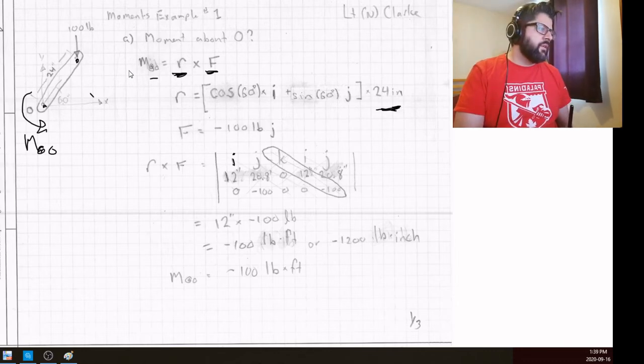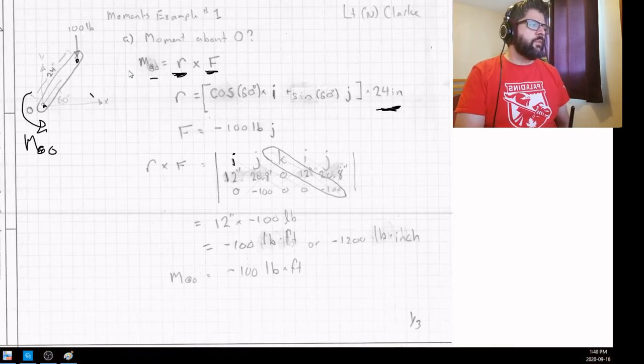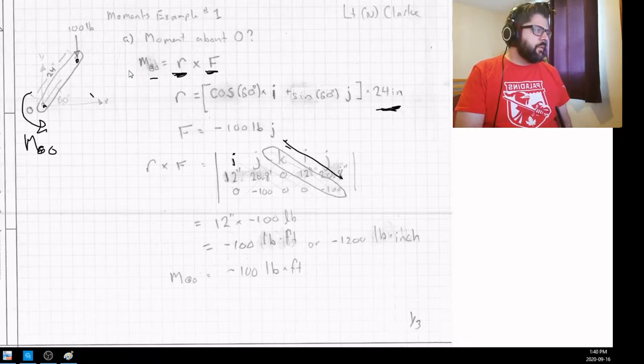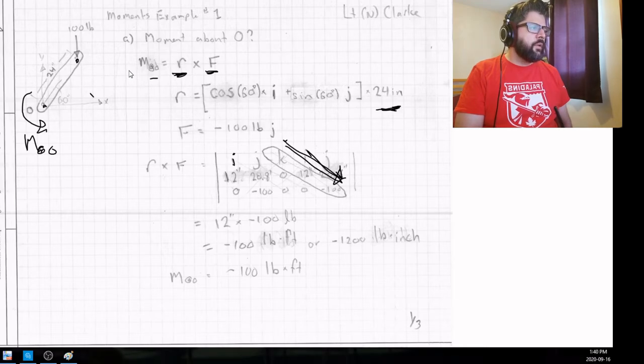So the moment, the R crossed with the F, ends up being 12 inches crossed with negative 100 pounds. And again, we keep the signs on that because when we're doing our determinant here, we're going forward here.